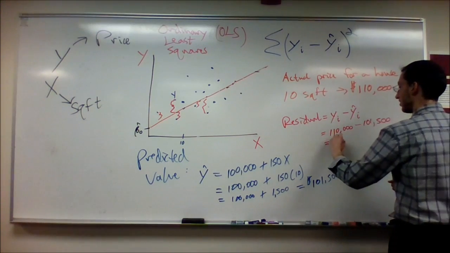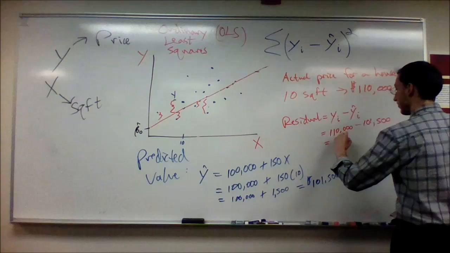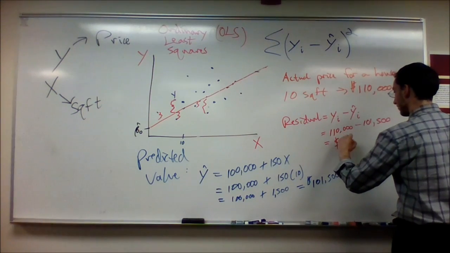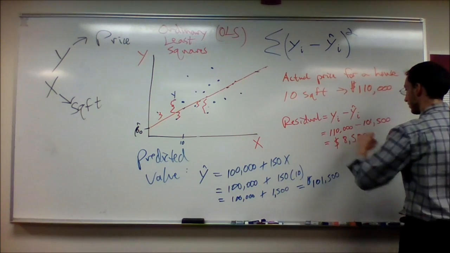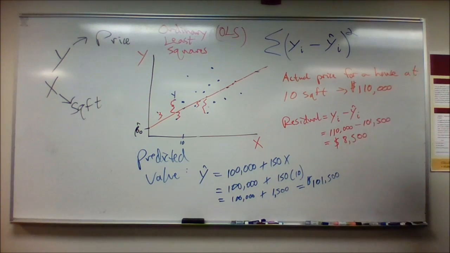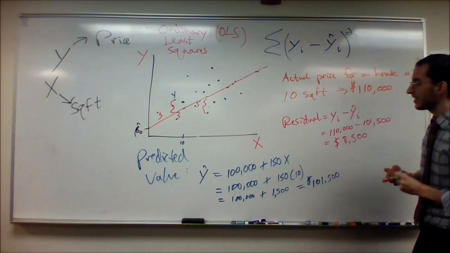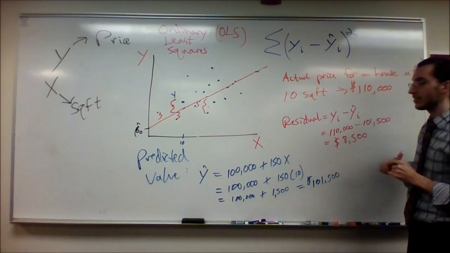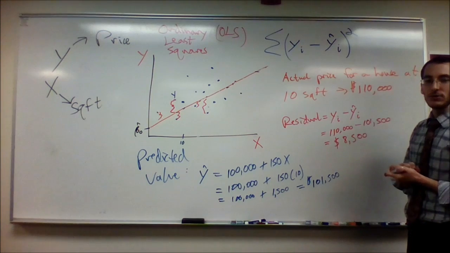And so I get a residual of, that should be $8,500. So my model in predicting how much a house would cost that's 10 square feet in size was off by $8,500.